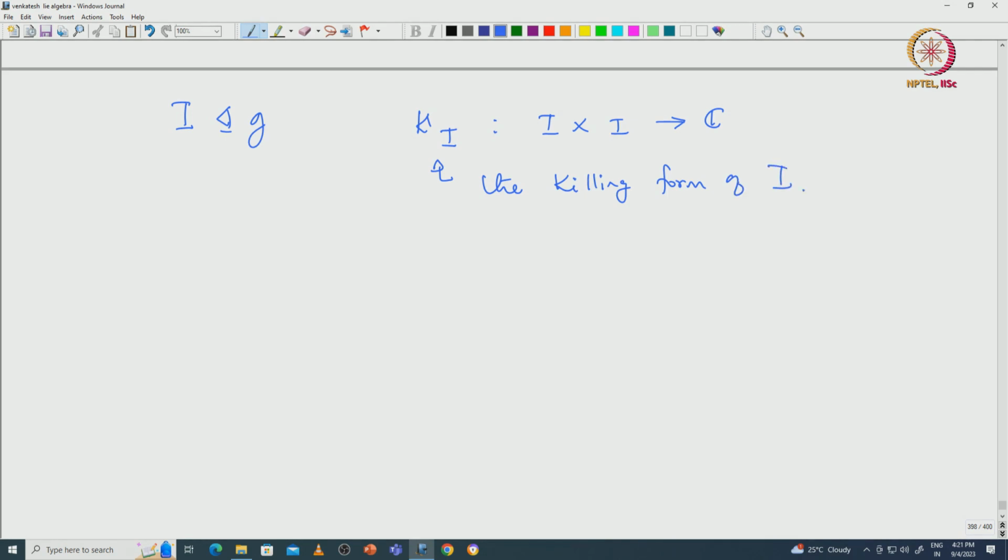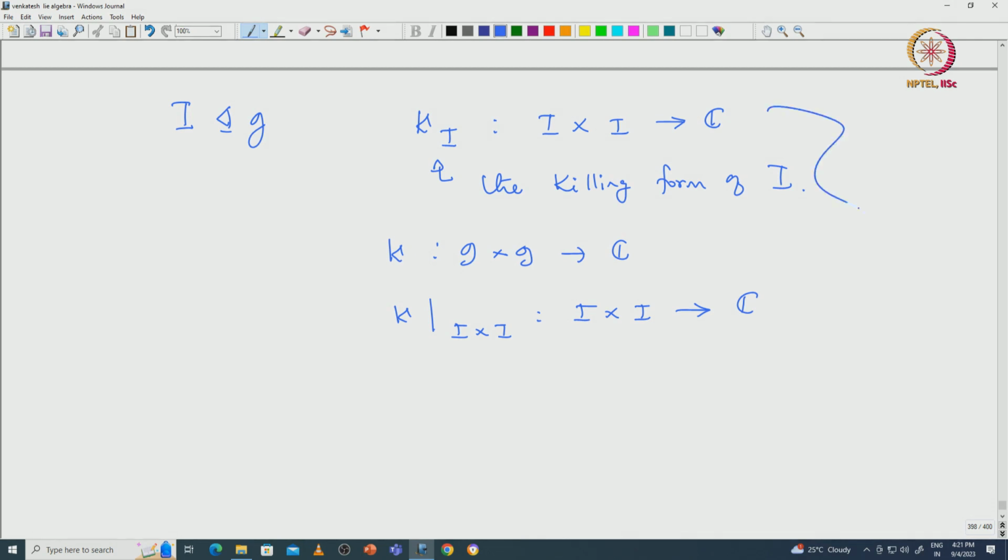Now, we have the killing form defined from G cross G to C. So, we can also restrict this killing form to I cross I. So, we have another symmetric bilinear map from I cross I to C.